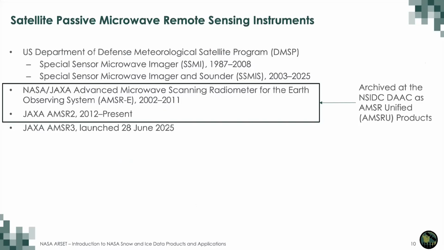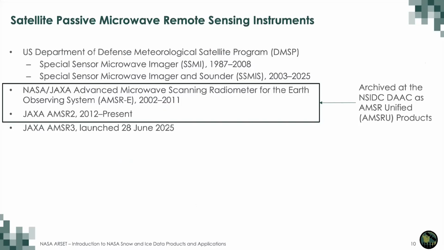The other sensor, which is a little more advanced, the Advanced Microwave Scanning Radiometer, there are two of those that have been operating. One is AMSR-E, the Earth Observing System. It operated from 2002 to 2011. That was a joint NASA and JAXA, which is the Japanese Aerospace Exploration Agency, launched and operated that sensor, AMSR-E.